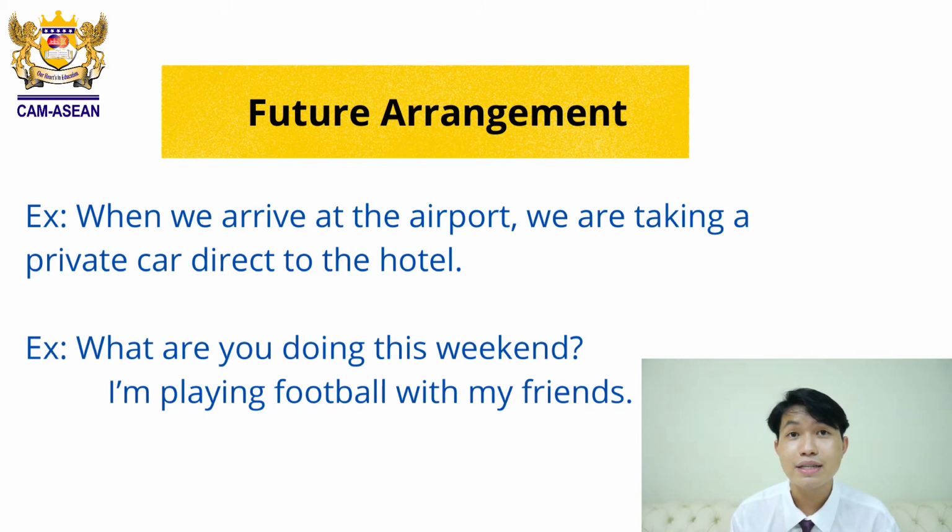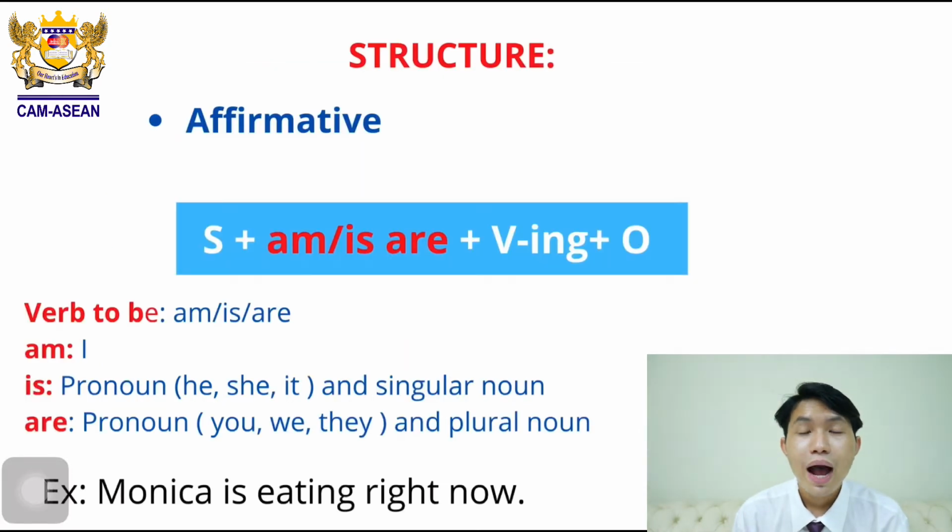Okay? Alright. So that's all for when and why we use present continuous. After we know when and why we use present continuous, we have to know how to use present continuous. Okay. So here comes the structure of present continuous.